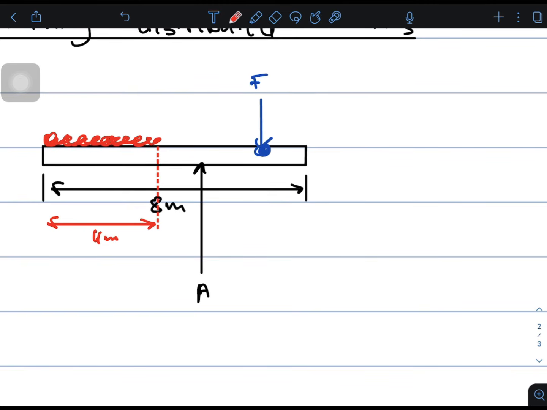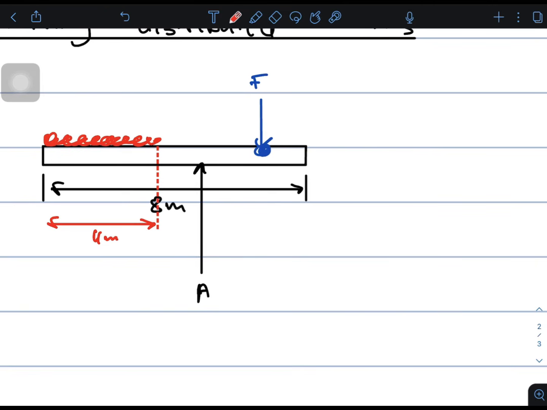It doesn't have to act along only a certain portion. It can act along the whole beam.